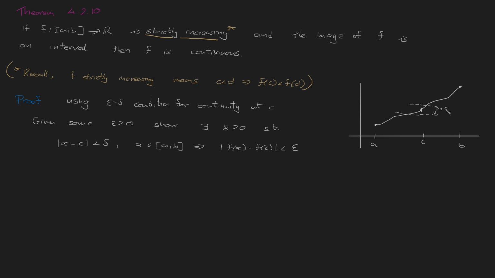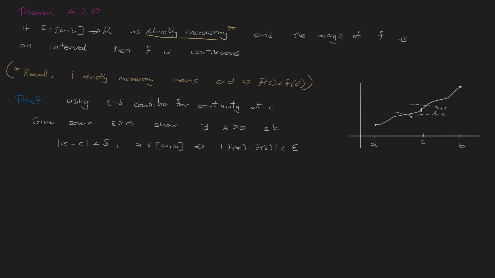So this is plus epsilon, minus epsilon. I want to ensure that I can find some delta which sends the interval around c, between c minus delta and c plus delta, entirely between these two dashed lines, quite wavy, but ideally straight.